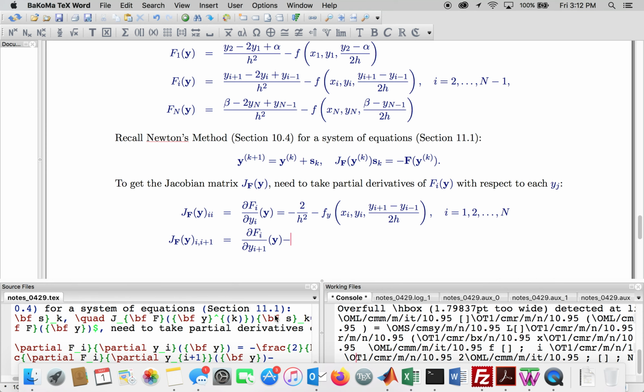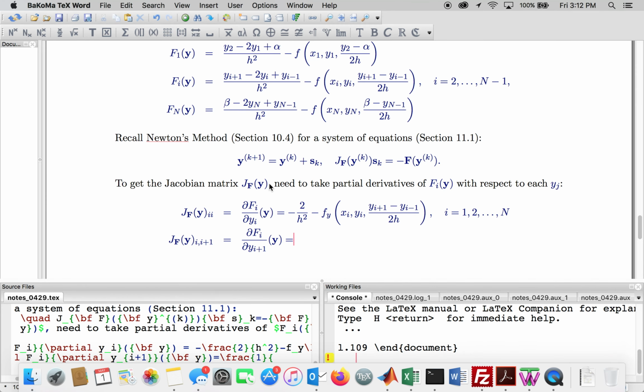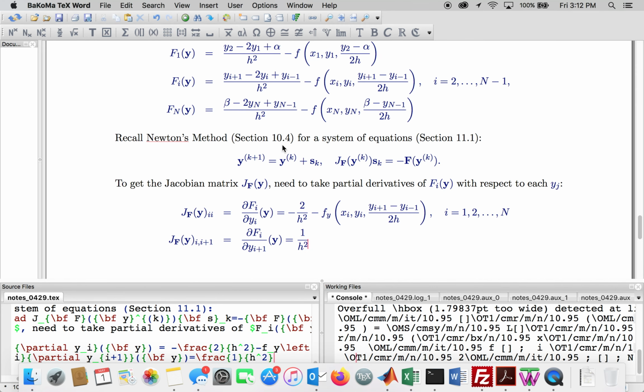So now if I look at this expression here and differentiate with respect to yi plus 1, this is the only part from the center derivative approximation to deal with. So that would be 1 over h squared. And then I move on to this term right here.